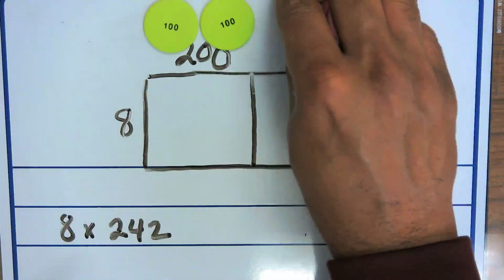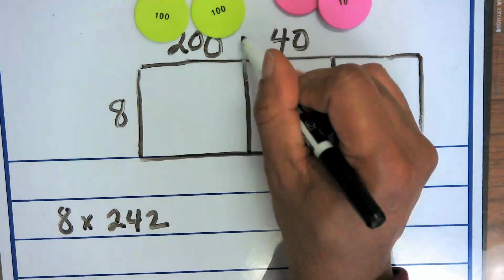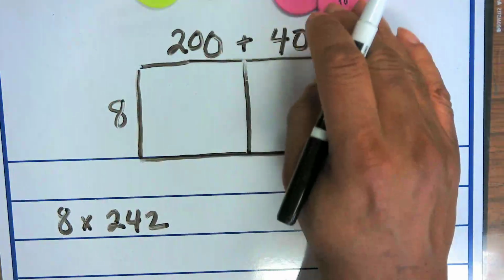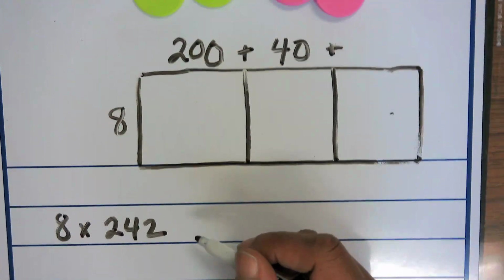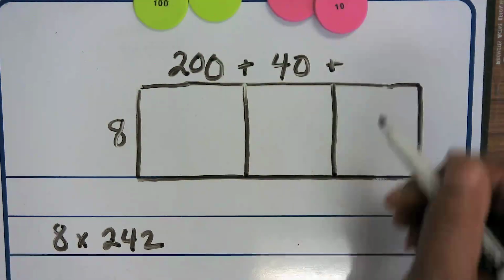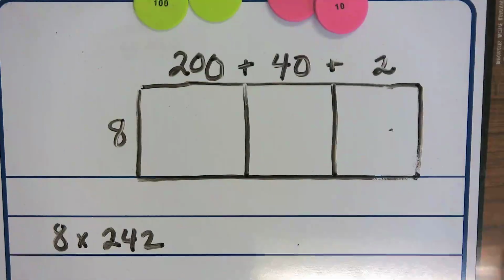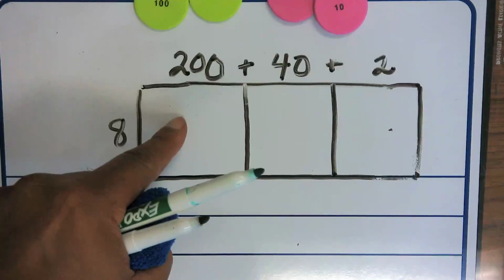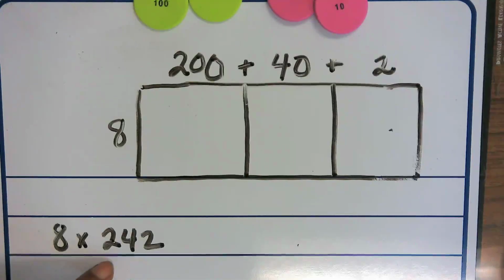So I'm just going to represent 40 on my area model. So I got 200 plus 40. Now in the ones place, this says 2 ones. I don't need to use that, but if you would like to represent, now I got 2 ones. 200 plus 40 plus 2 is 242.